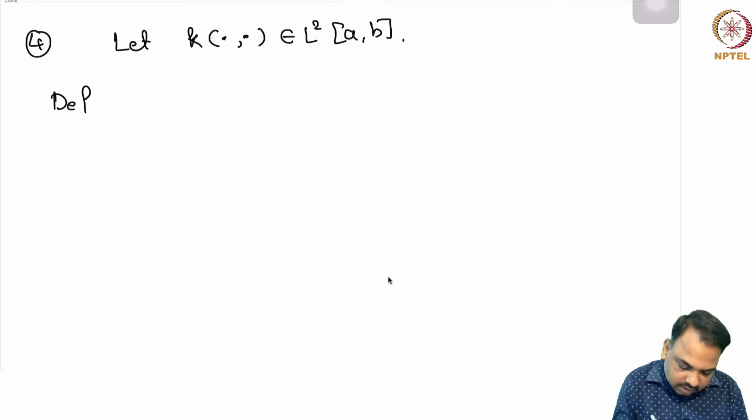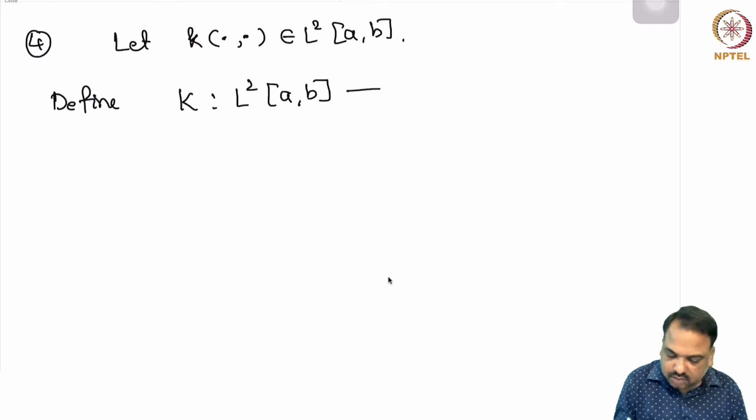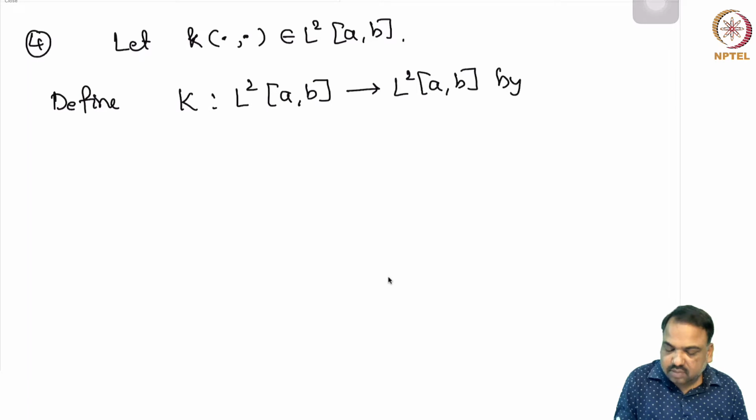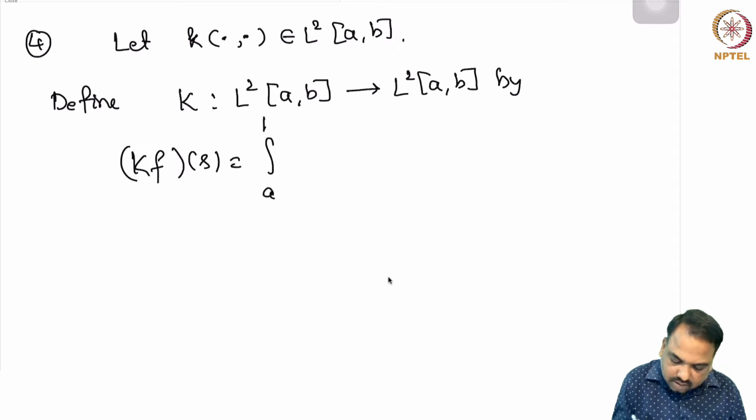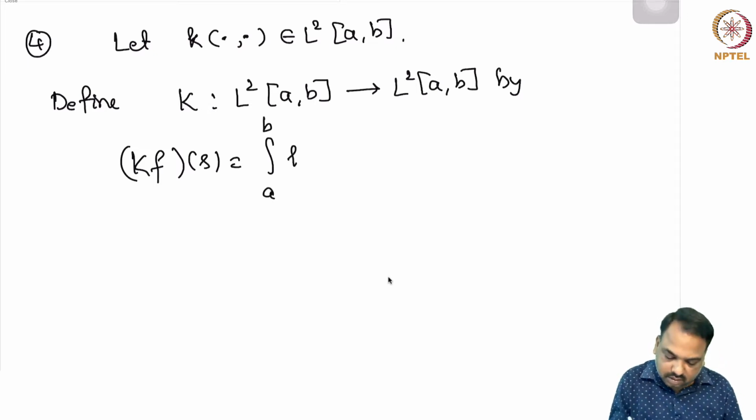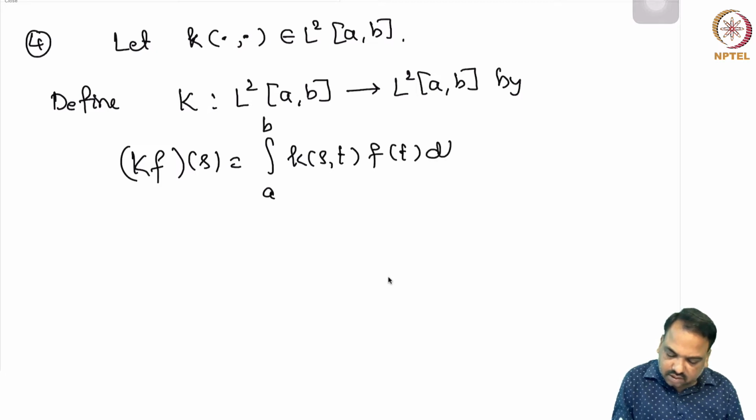So define K from L2[a,b] into L2[a,b] by Kf at s is the integral from a to b of k of s,t f of t dt for every f in L2[a,b].